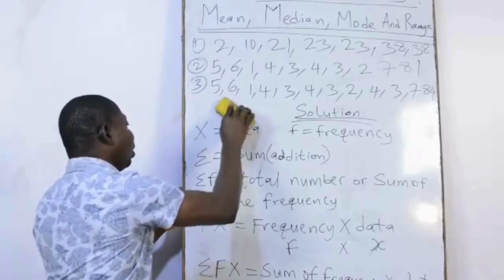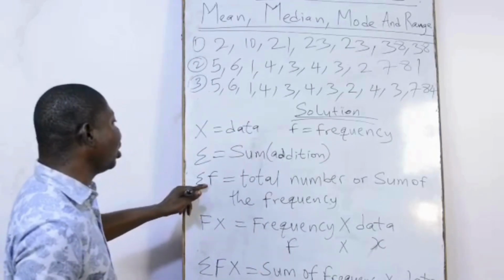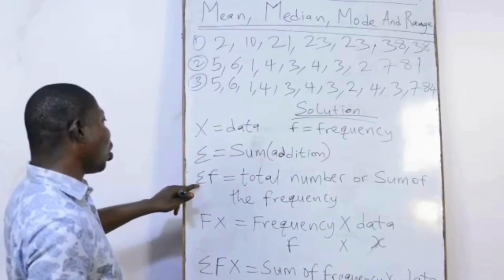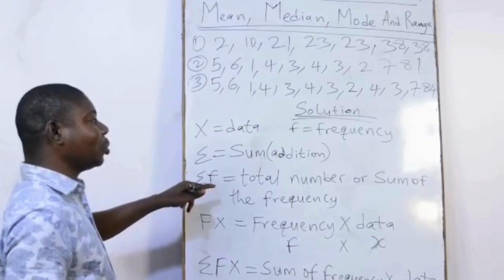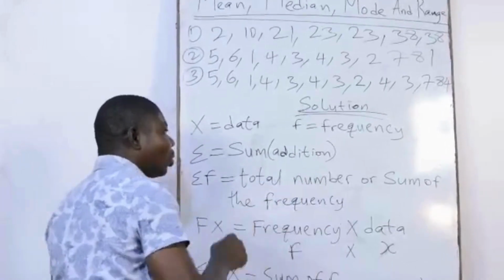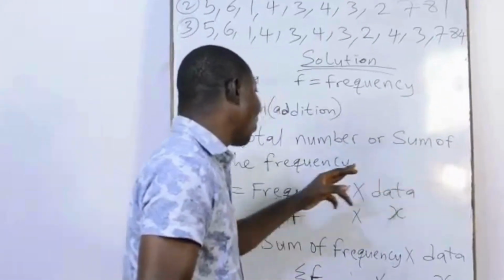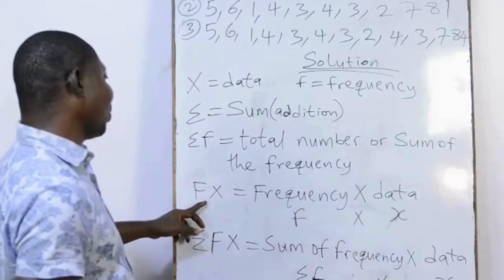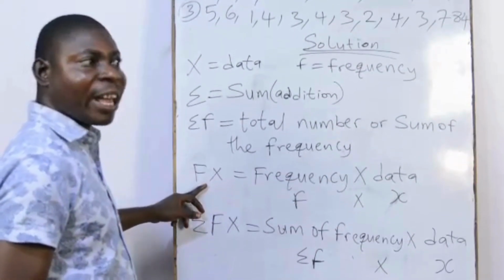Now, this one is summation, that is, sum, addition. Summation F is the total number under the raw data; it is the sum of the frequency. Then we have what we call Fx.